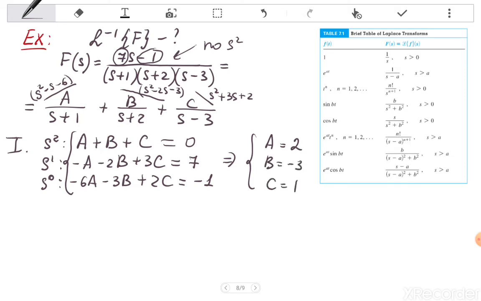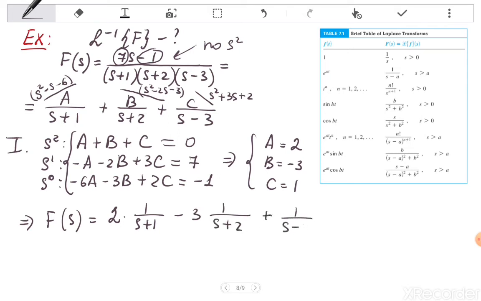After solving this, we obtain a is equal to 2, b is equal to minus 3, and c is 1. So after that, we write f of s as 2 times 1 over s plus 1 minus 3 times 1 over s plus 2 plus 1 over s minus 3.